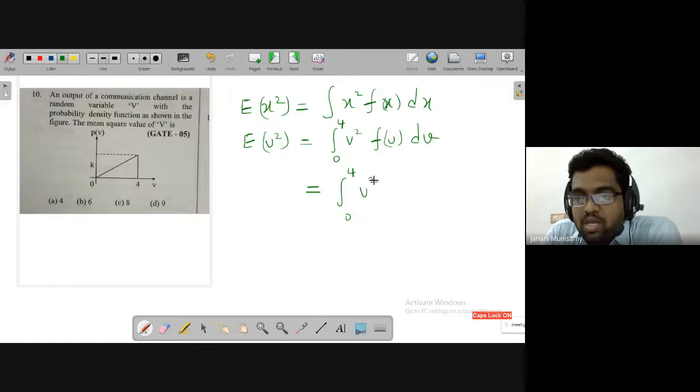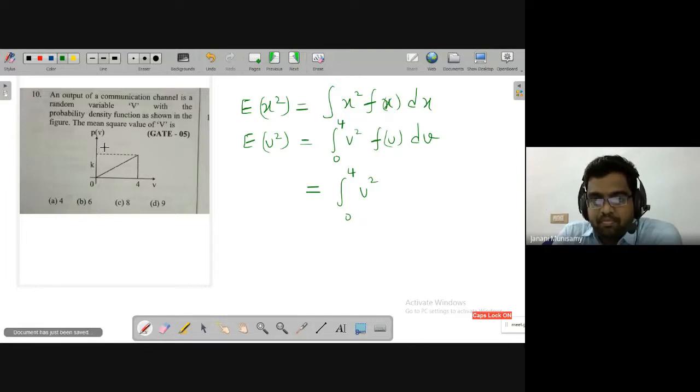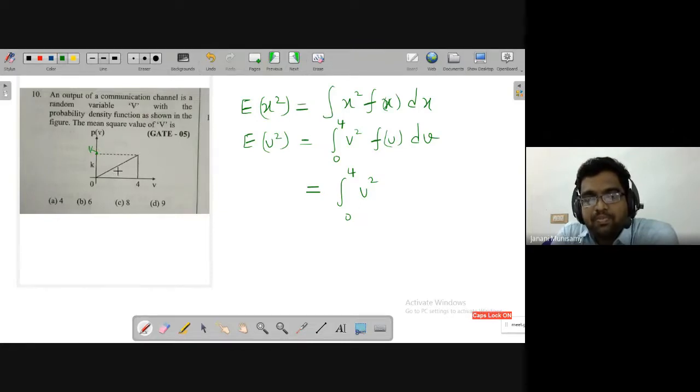Again, v square is there. Then what is f of v? What is the nature of f of v? You have to write the equation for this one. I think this point is k. Then what is the equation of this line?